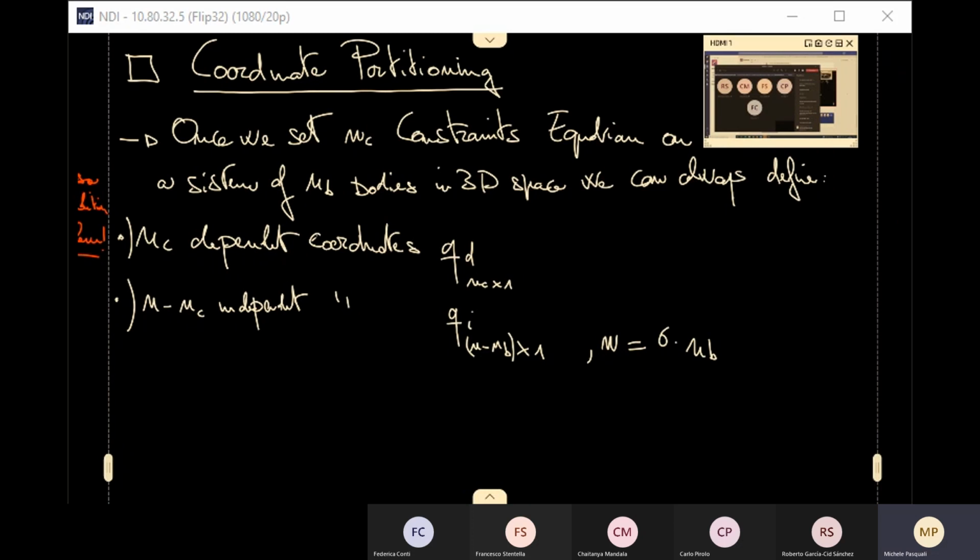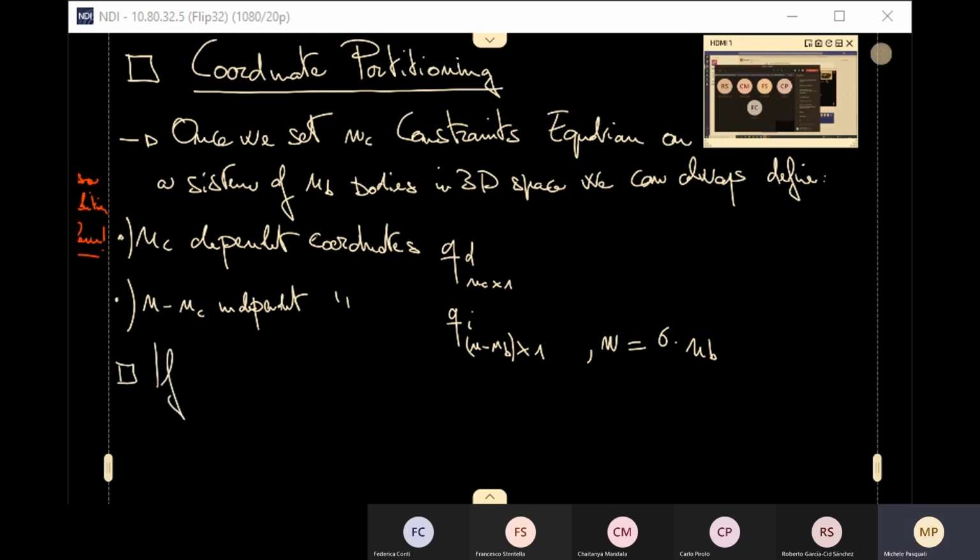But now the theory that we will develop only works for holonomic constraints. Okay? So please keep this in mind.